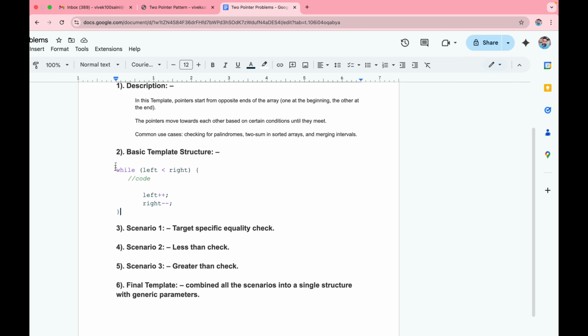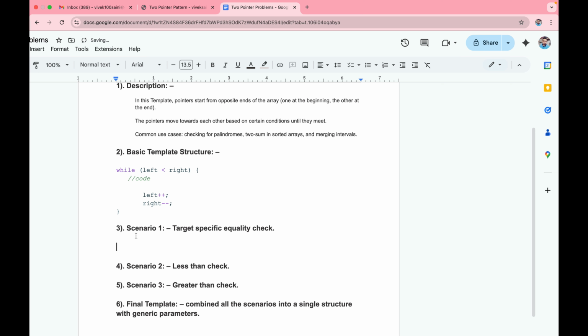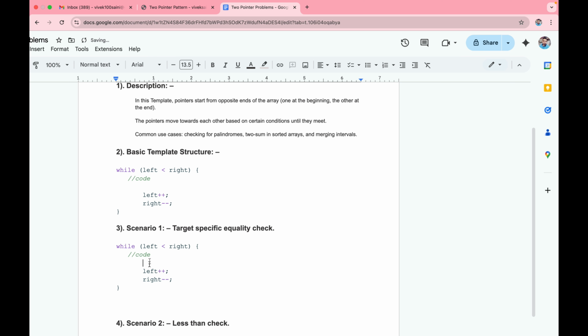So what was the scenario? Let's say we have one if condition, and I was moving this right and left. Let's say we need to implement some logic here.